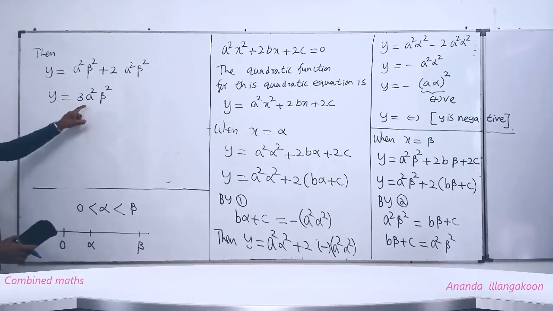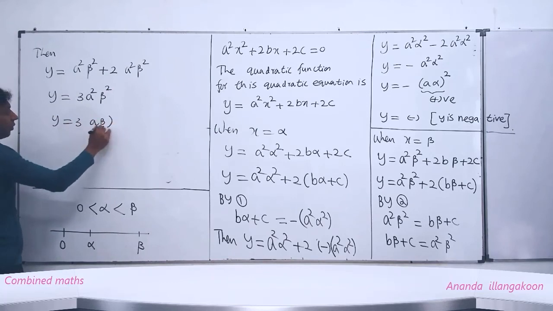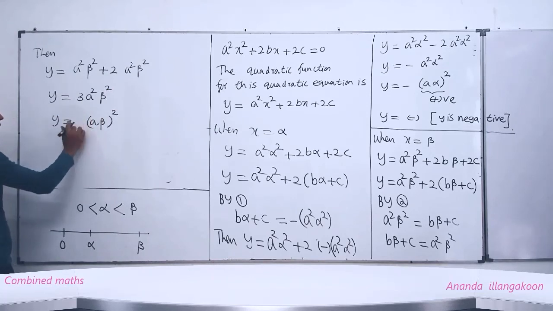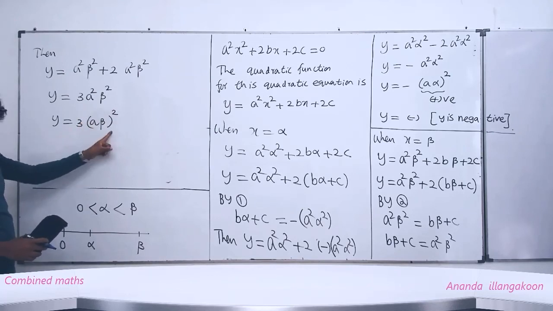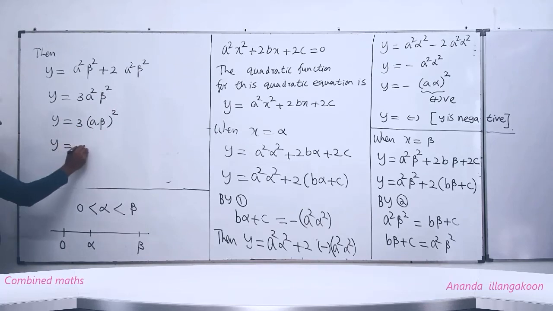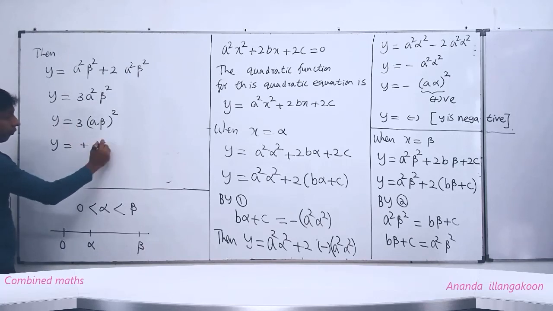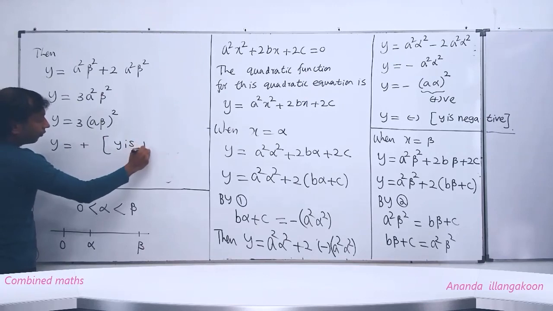People, this one we can write as y equals 3 times (a beta) perfect squared. This is, people, positive. Positive something multiplied by 3 is positive. y is positive.